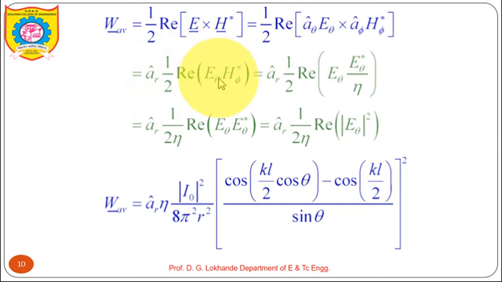So 1/2 the real part of E theta and H phi complex conjugate, where H phi complex conjugate is replaced by E theta complex conjugate upon eta.